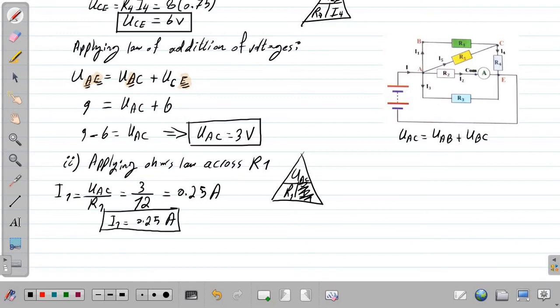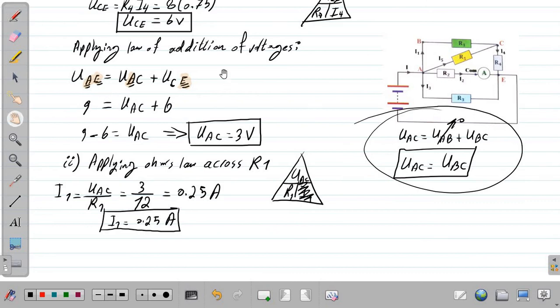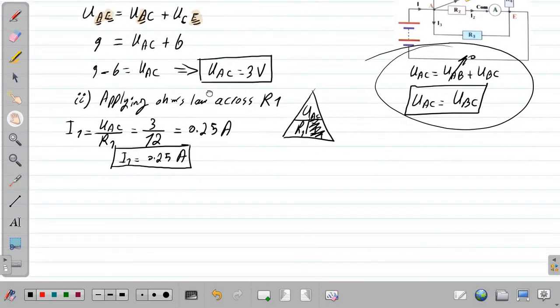UAB connecting wire 0, so UAC هي نفسها ال UBC. لهالسبب أنا بدل ما أكتب إنه terminals of R1 is BC كتبت terminals of R1 is AC لأنه ال UBC هي ذاتها UAC. هيدي مش مطلوبة بس حبيت أحكيها كرمال اللي ما عرف ليش هيك طلعنا.